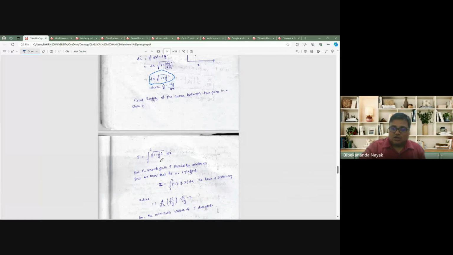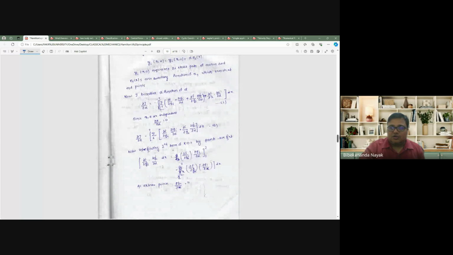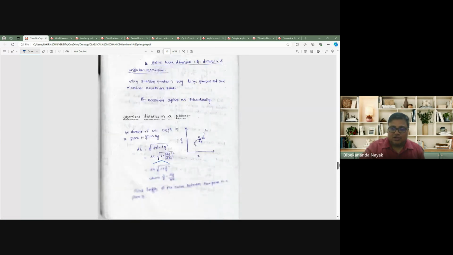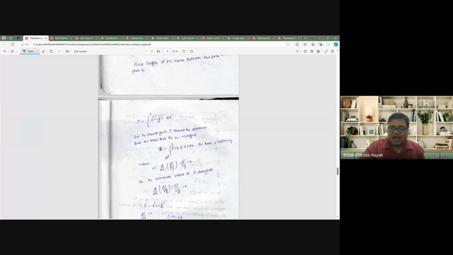So how do we know this minimum? If it is to be minimum, we have a condition. From the analysis, which is very difficult, we know that for any integral I of f(y dot, x) dx to have a stationary value, d by dx of del f by del y dot minus del f by del y must be equal to 0.